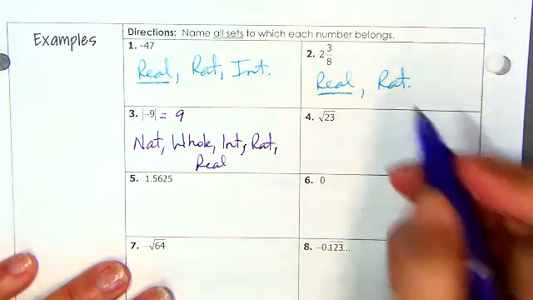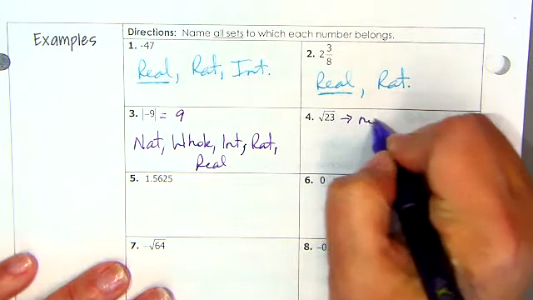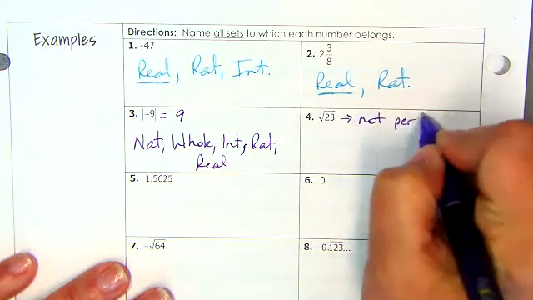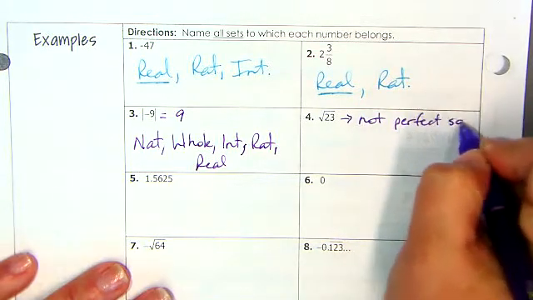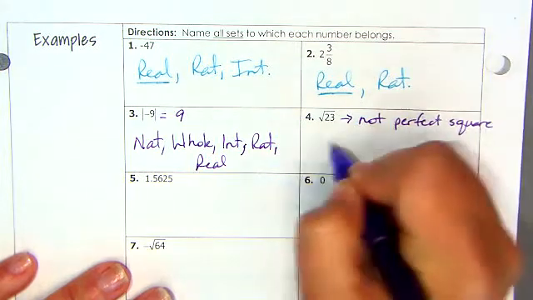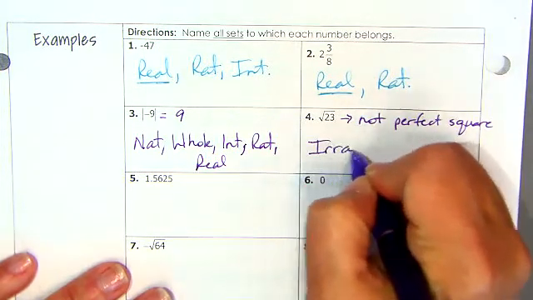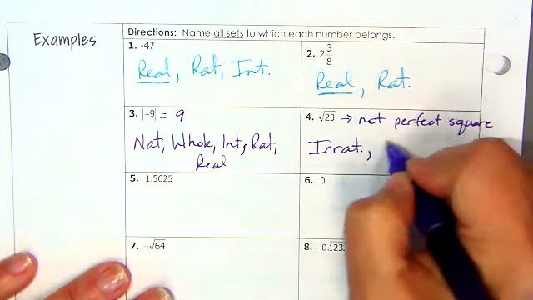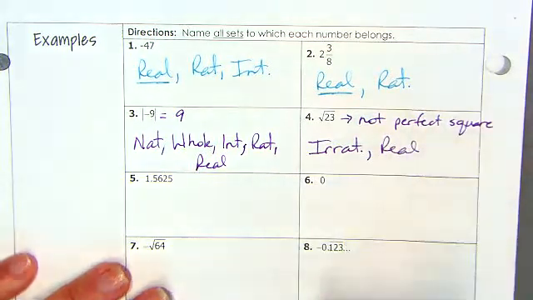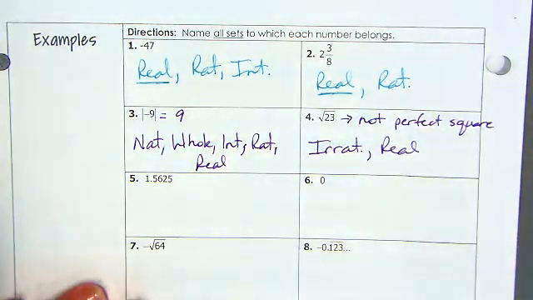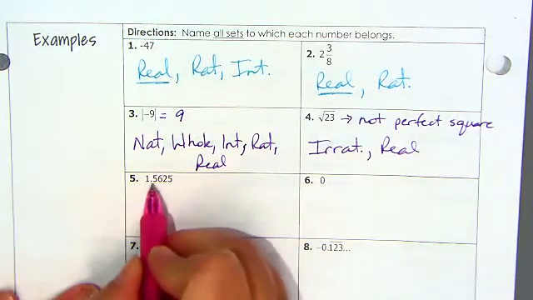Therefore it is irrational and real. Next, 1.565.